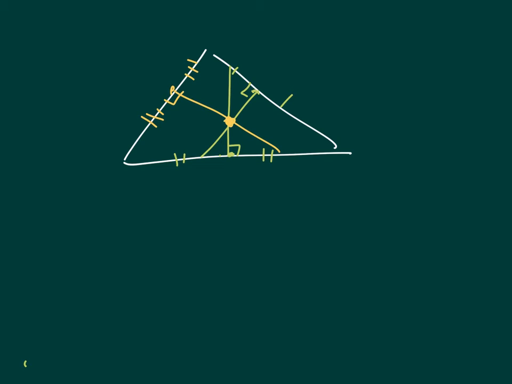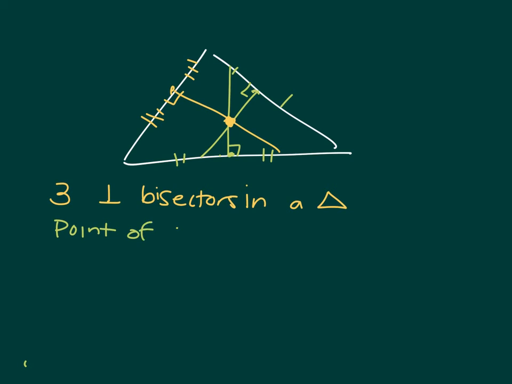And the point of concurrency, which is the point where the three meet, there's three of them, right? Three perpendicular bisectors in a triangle. Point of concurrency, or point where they all meet, is called what? Circumcenter.